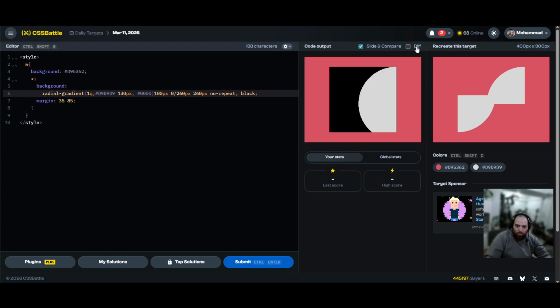Okay, so that's where I want it, but I need to clip it. So this is where this comes in. No, this is shifting it up and down. So 260. It shouldn't be 260. It should be 130 by 130 because I just want it to be in that square. Okay, and I think this is something I realized last time when I was trying to solve a problem like this.